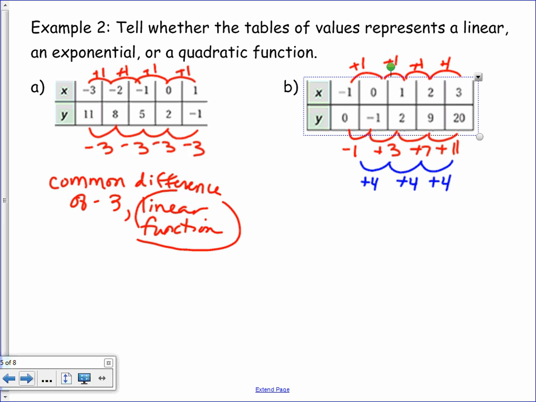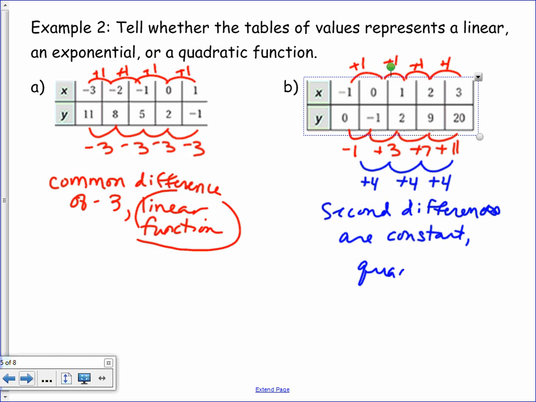Since we had to look at the second differences and the second differences are constant, that means this is quadratic. Second differences are constant, so this is a quadratic function. Very good.